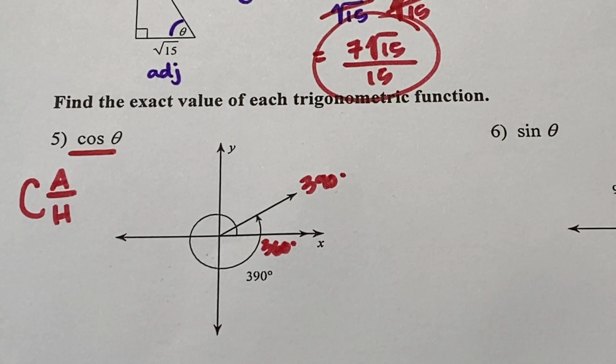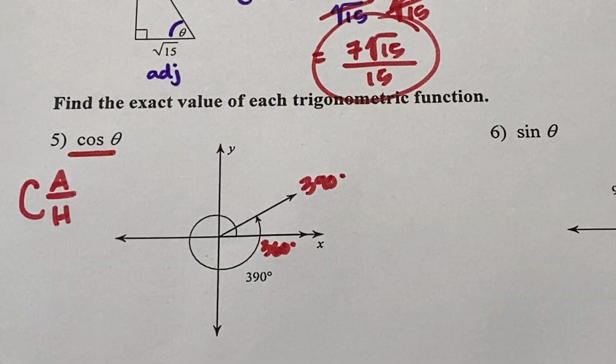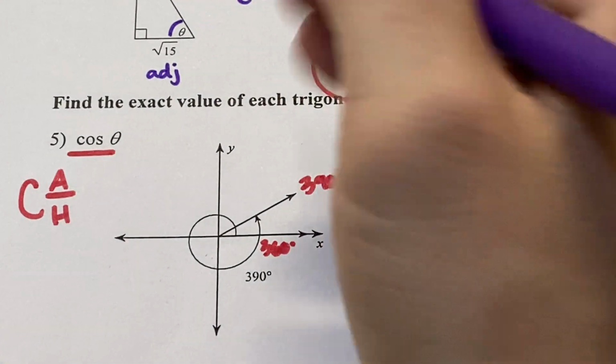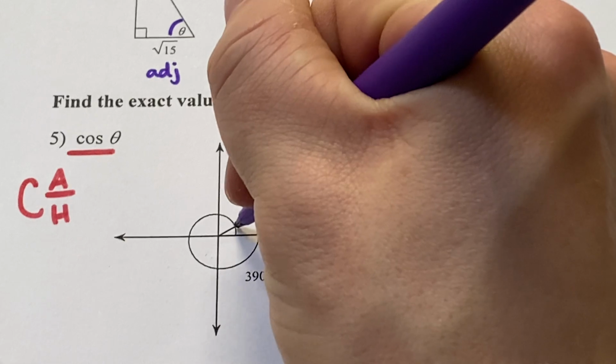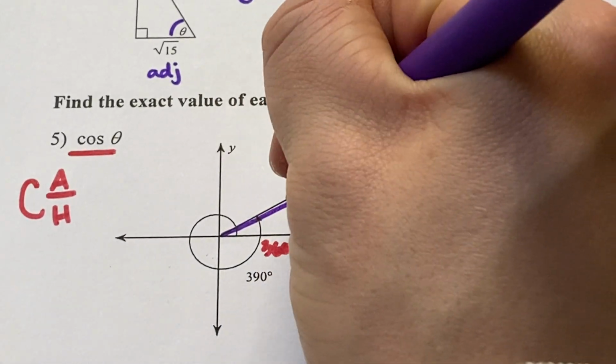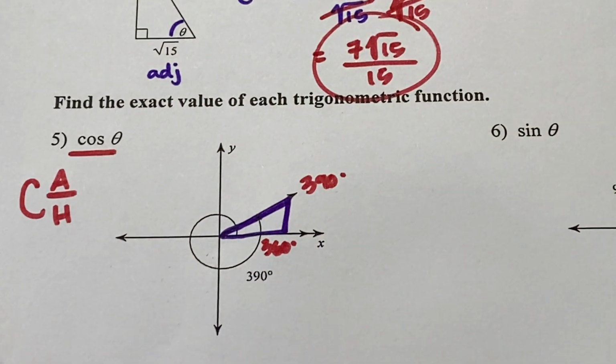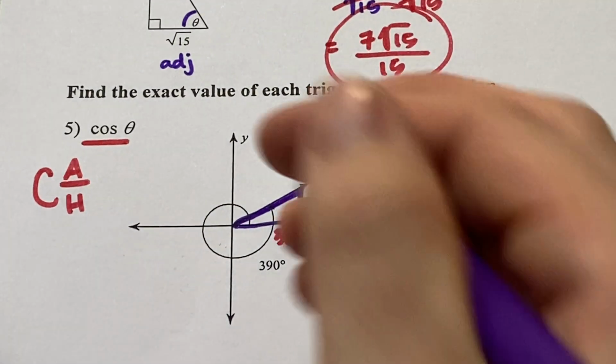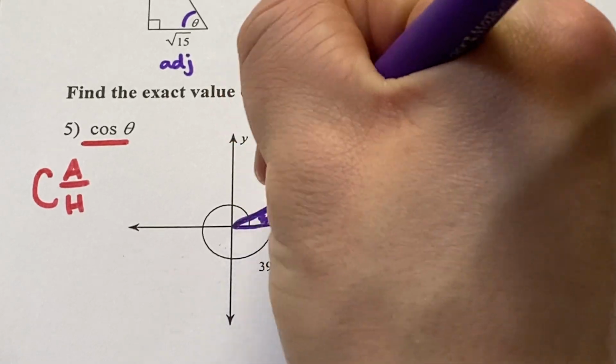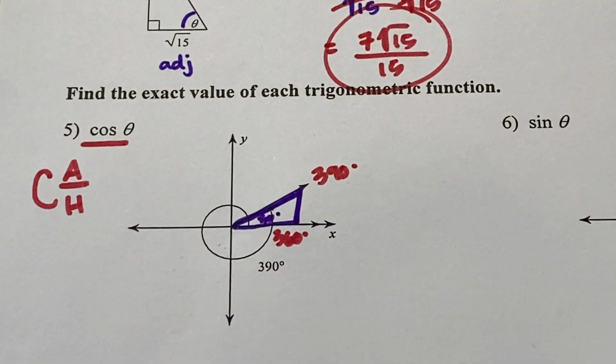It's 30. That means this little theta right here, everybody draw yourself a little right triangle. I know it's small. That's okay. This little angle right here is 30. There's no way you can actually see that. It just looks like a little blob. That's 30.